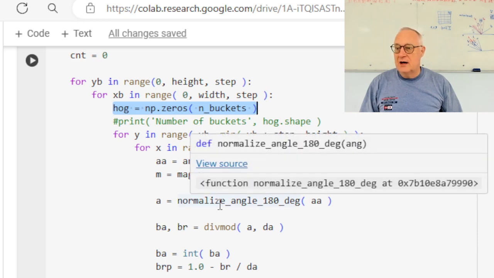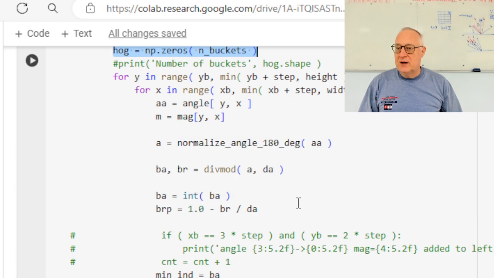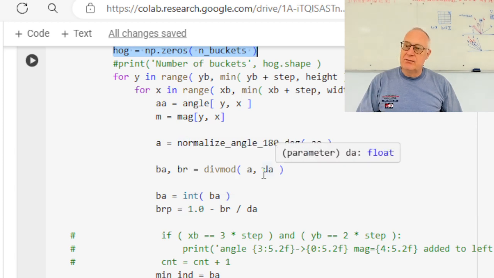I normalize the angle to be between 0 and 180 degrees, and then figure out which bucket it goes into, as well as how much the remainder is, because I need that in order to find out the proportion that should be contributing to the current bucket and the next bucket.